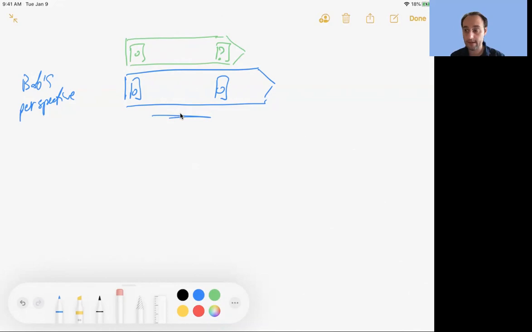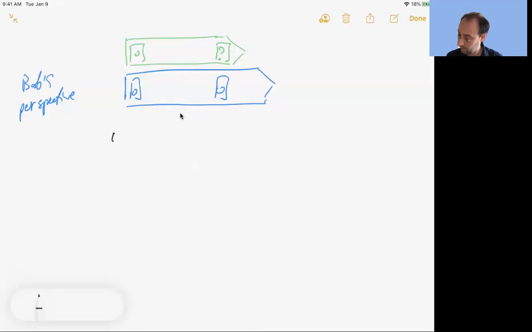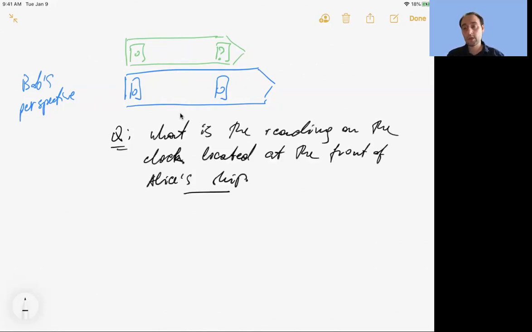Now let's try to apply Lorentz transformations to solve this problem. The question again. Now, what do we know?